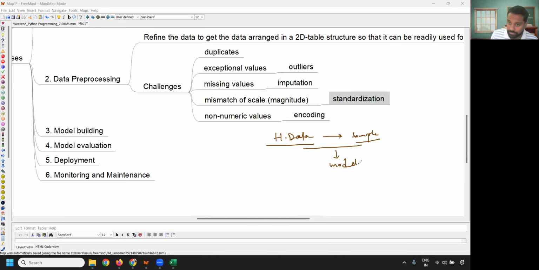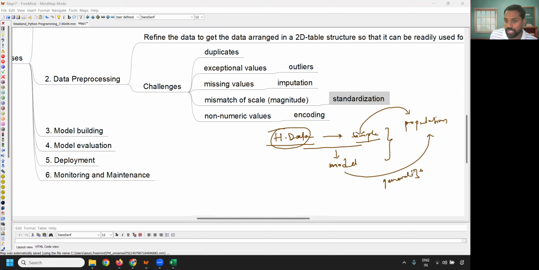Now, this model will basically be implemented for the entire data. So sample data is representing the population, and we will use this representative data to model the relation between those fields. We are trying to generalize this model and say this is the kind of pattern that we will have in business fields. This is what we do.